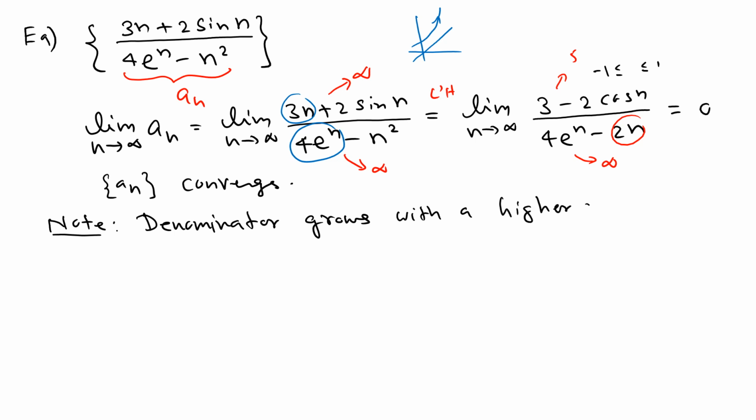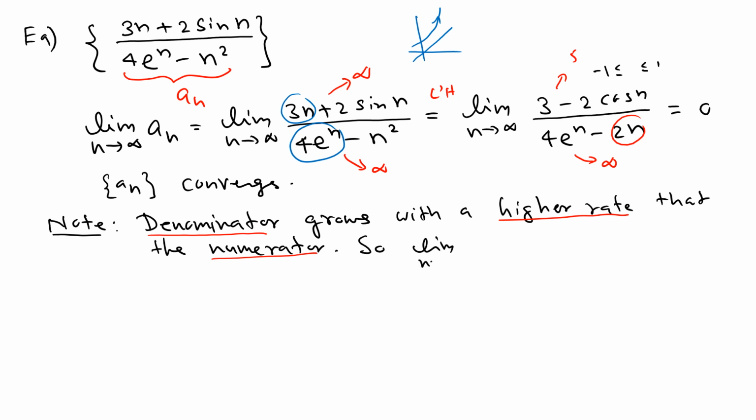Higher rate than the numerator. So the denominator goes with a higher rate than the numerator, and at the limit, the ratio between the two, that means a_n, has to be 0. That's another argument that you can make. Okay, so let's look at another problem.